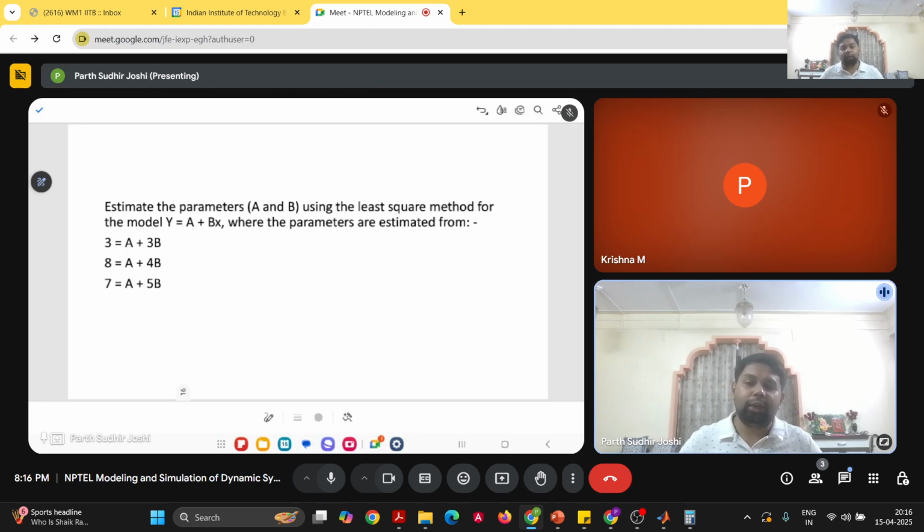So we need to estimate the parameters a and b using the least square method for these three measurements. For that, let us go to the corresponding section in the slides for this particular problem.